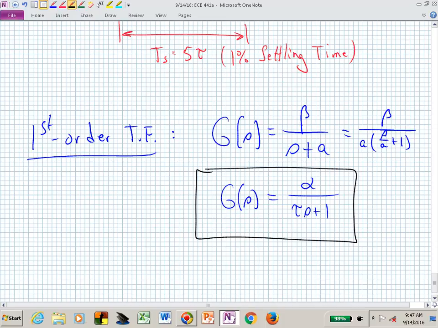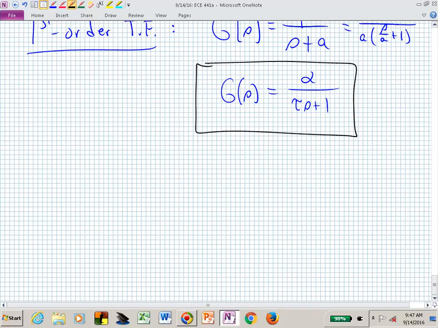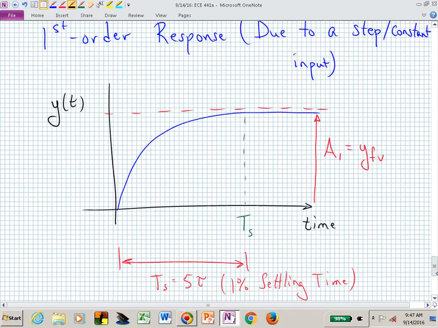Now, what we want to do is try to identify these parameters, alpha and tau, based on somebody giving us this measured data. Do you see that you could go into the lab, hook up a voltage supply, flip the switch, and this capacitor would start charging?